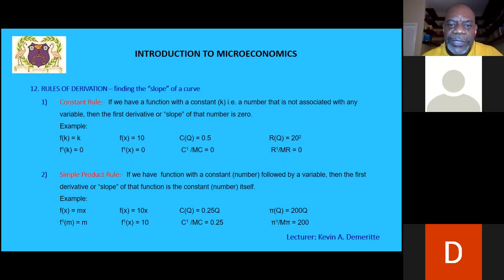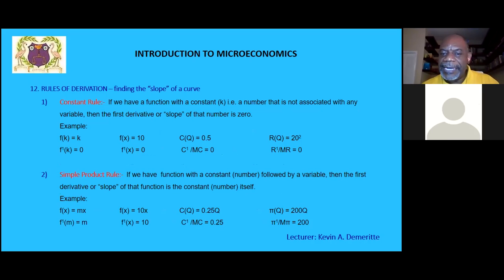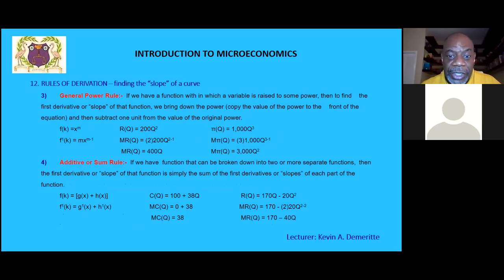And rule number 2 says if you have a number in front of a letter, like this 38q, the slope of that is just the number. So we end up with a marginal cost equal to 38.